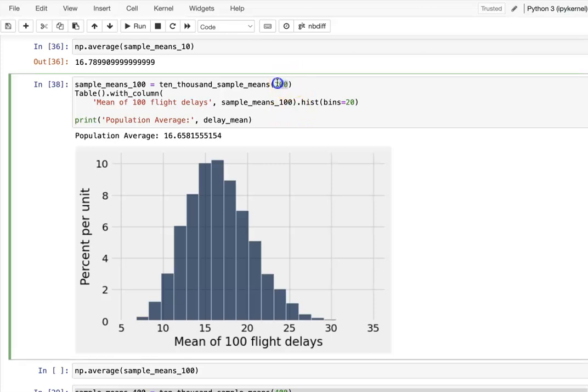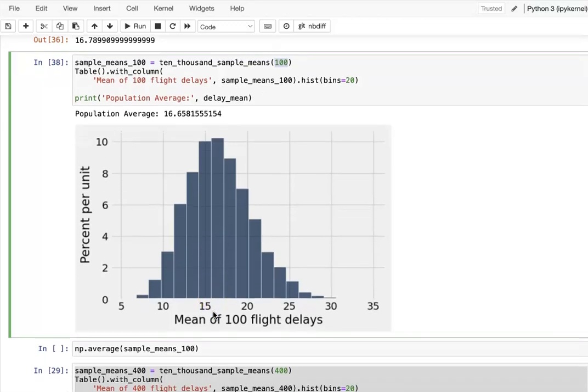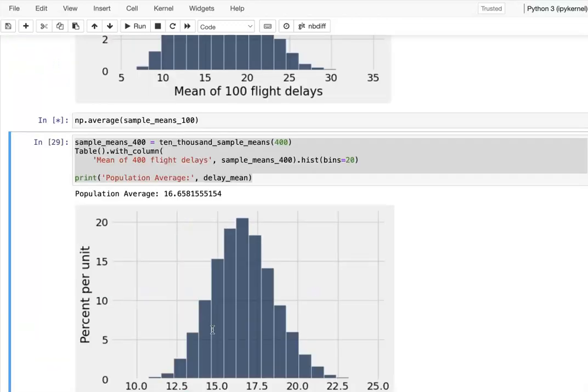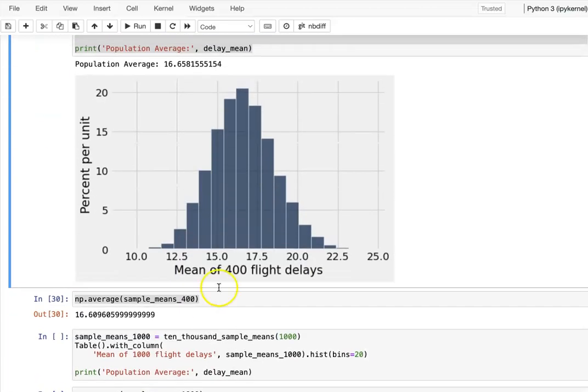So a size of 100 is fine, since it gives us the bell shape. Since we have the bell shape, we can estimate our average, and we can also calculate it. We find the average is pretty close to our population average.